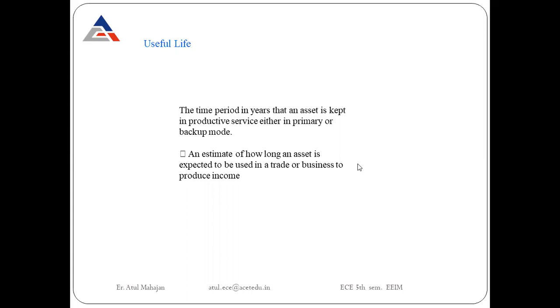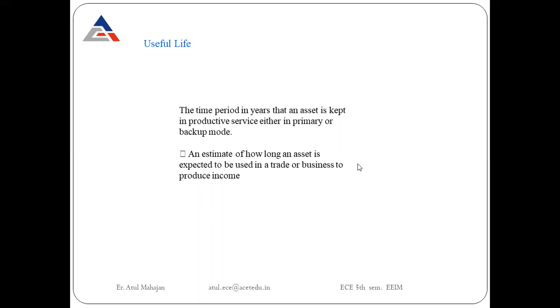I say that this product was quite capable and very productive for 7 years. But after 7 years, the production level of that product decreased. So the productive level of that product is known as the useful life of that product. The time period in years that an asset is kept in productive service, either in primary or backup mode, is known as the useful life of the product.